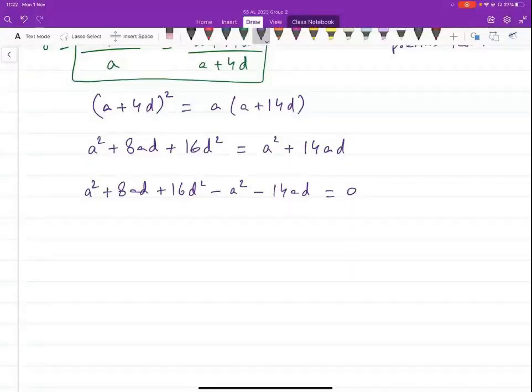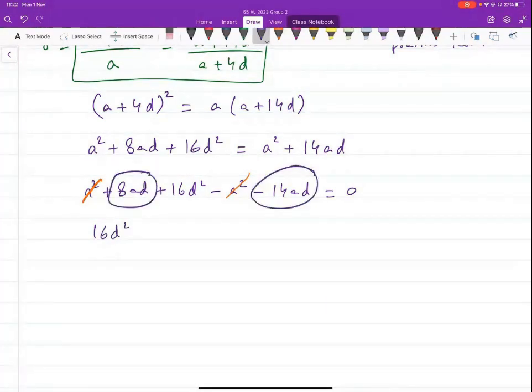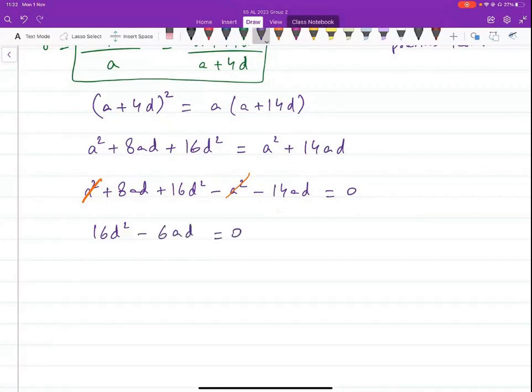What does that give us? A square plus 8AD plus 16D square minus A square minus 14AD equals 0. A square and A square get cancelled. We are left with 16D square. This is 8AD, this is minus 14AD. We can subtract them. That's minus 6AD equals 0.